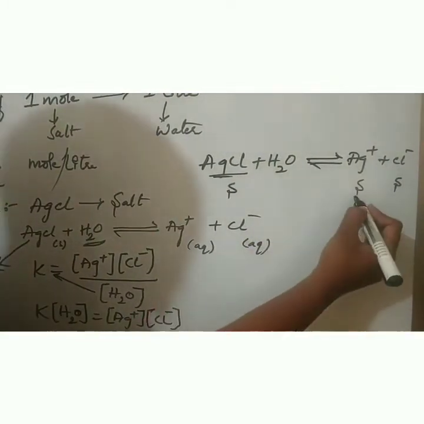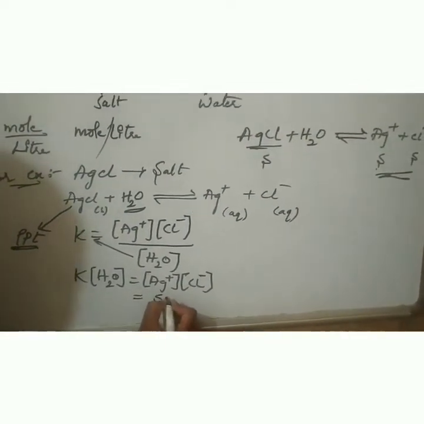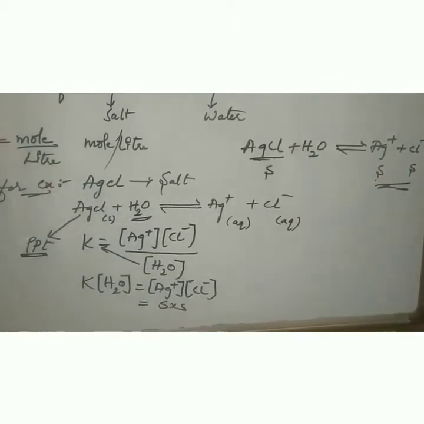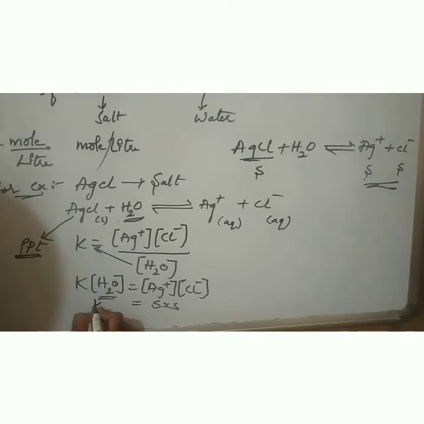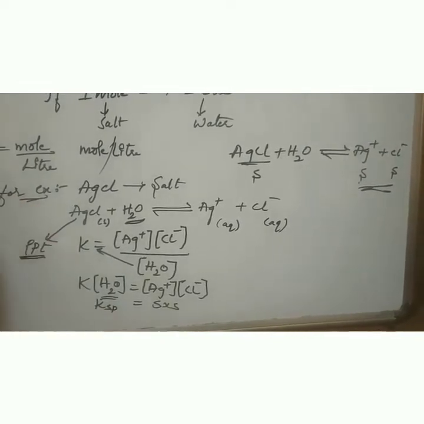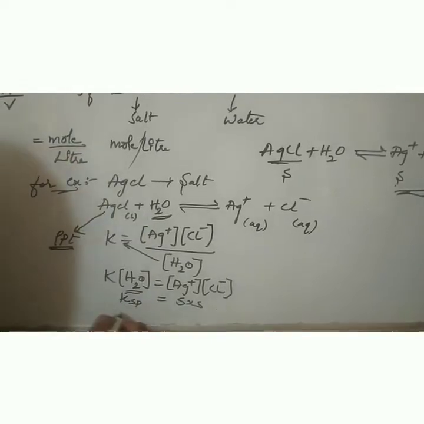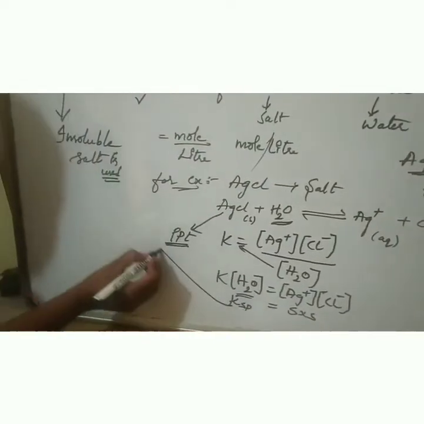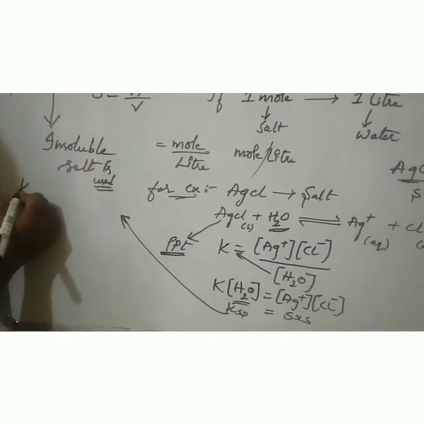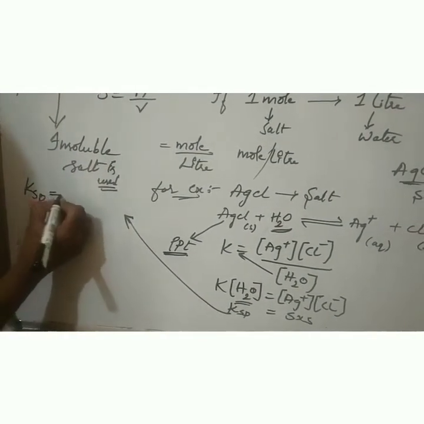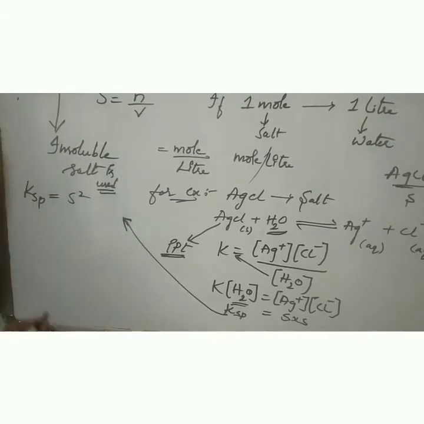Taking these two values in this reaction, you will get S into S, right? For the product, we are finding the solubility product KSP. Then the KSP of AgCl is S square.